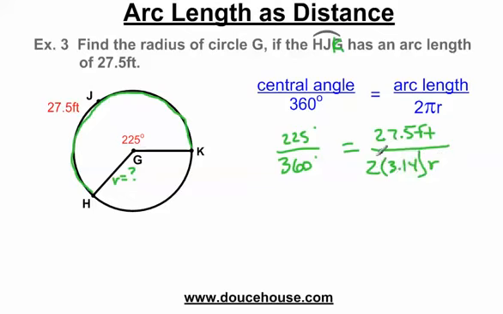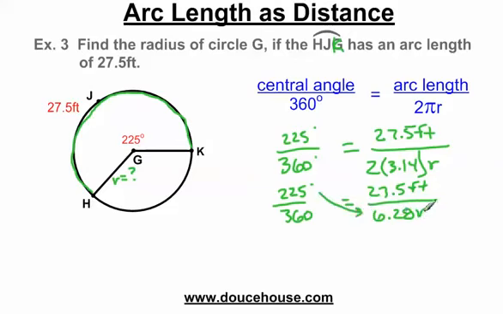Again, what I would do here is I would simplify what we know here. So we're going to have 225 over 360 equals 27.5 feet over, this becomes 6.28 times the radius. Now what we're going to do here is we're going to multiply these two together, but we've got to leave that r.